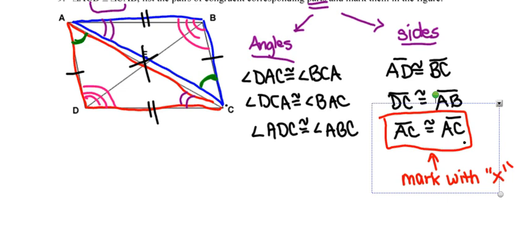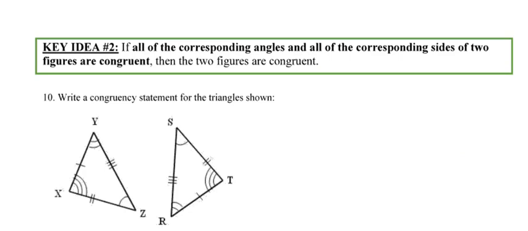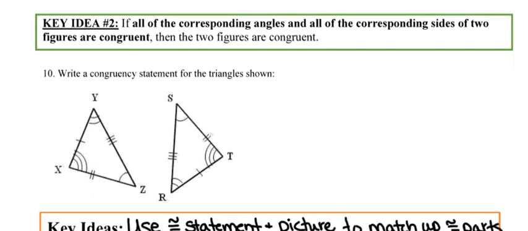All right, and that brings us to the second key idea for this video, and that's up at the top of the next page. It says anytime you have all, notice the word all there, corresponding angles and all corresponding sides of two figures that are congruent, then the figures themselves are congruent.